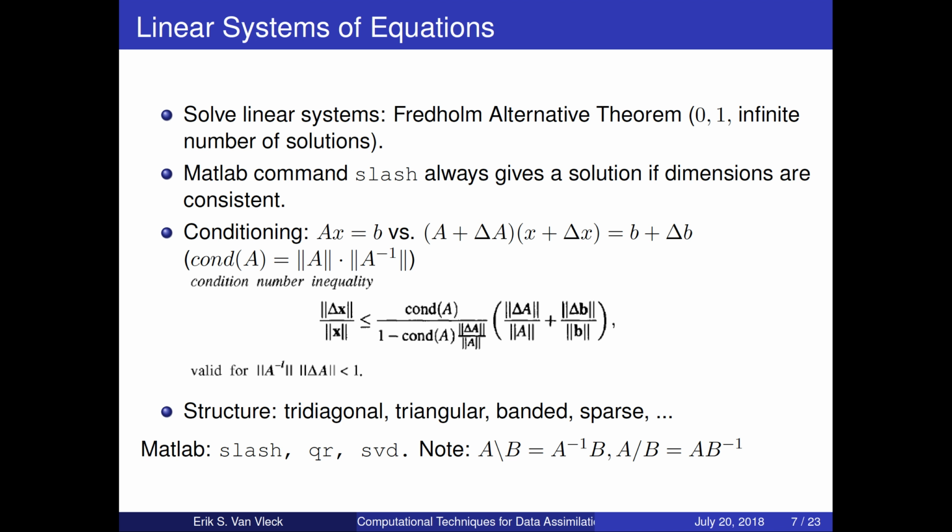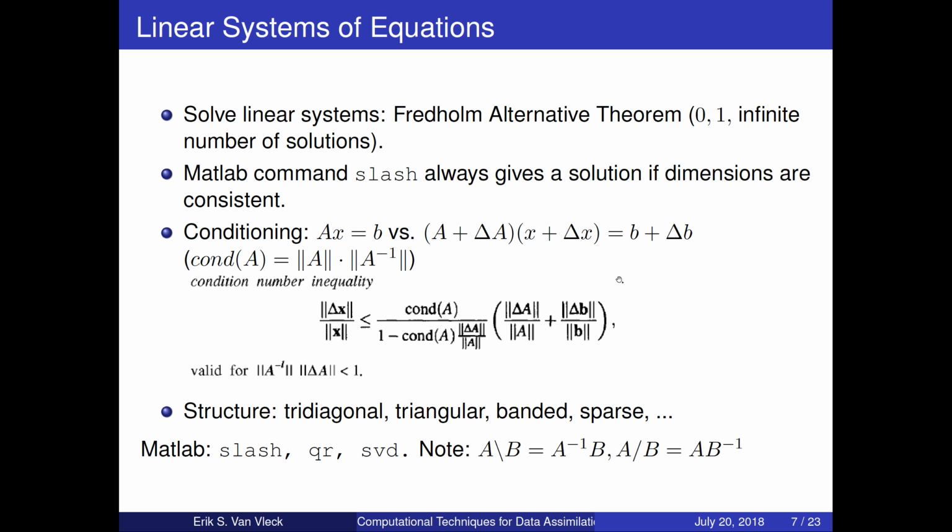Okay, and notice that it's natural because of the representation of numbers on a computer that we'd have some delta A and some delta B in general. So the condition number inequality that's shown here says that the relative error in X is roughly bounded by the condition number multiplied by the sum of the relative error in A and the relative error in B.